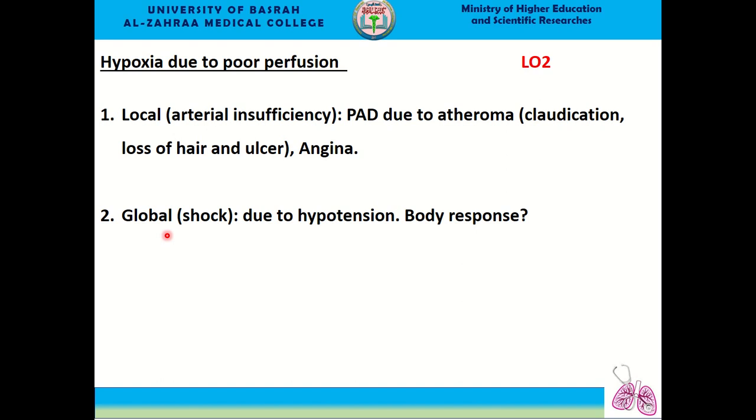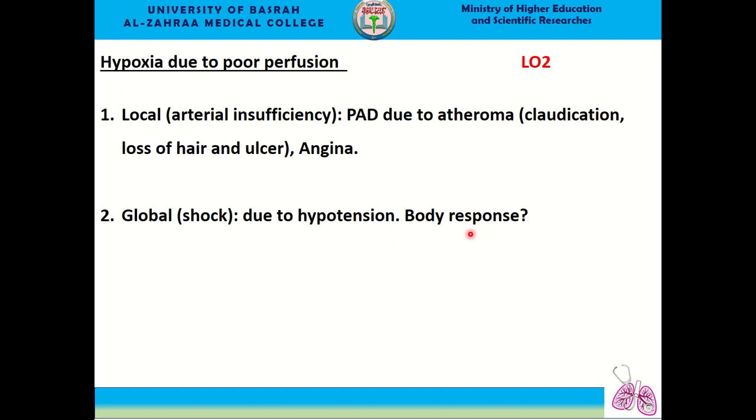So there is little blood going to the tissue. And this situation is called shock. And you have heard about the term shock. So it's due to hypotension, so the blood is not going to the tissues because of low blood pressure, and this will result in a certain body response.